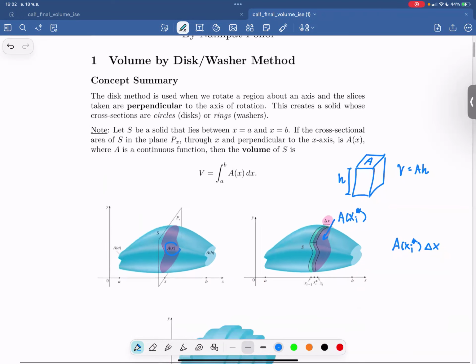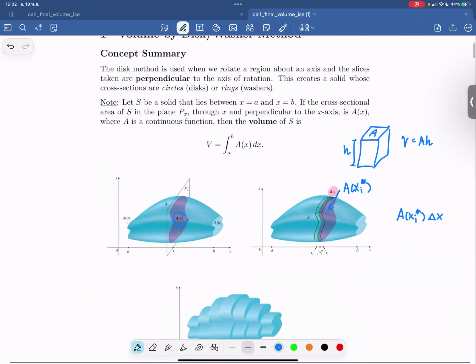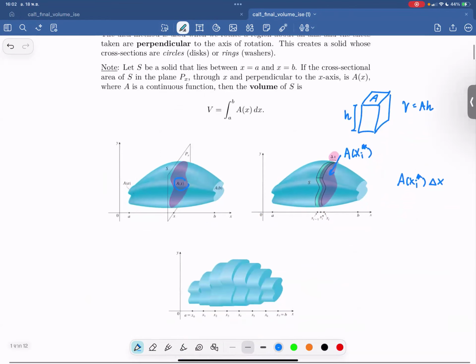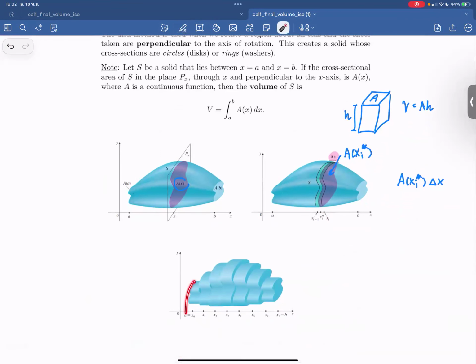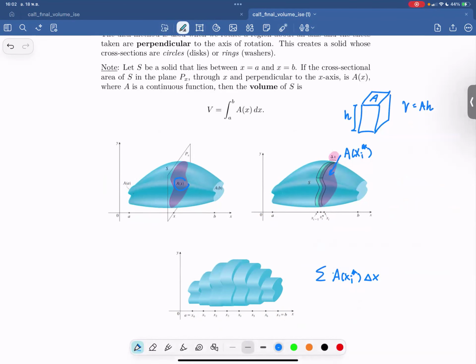And then we select the interval a to b, so that we get the volume to be the summation of the n pieces of the slice. I would say I cut the slice into n pieces, so this should be the summation from i equals 1 to n.